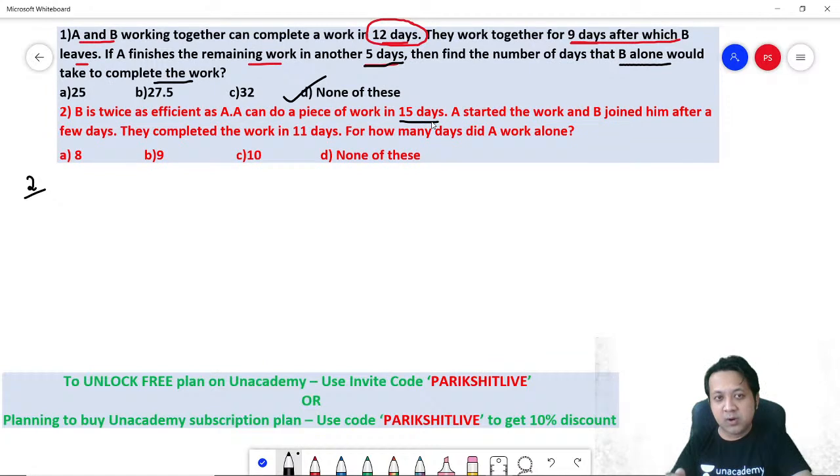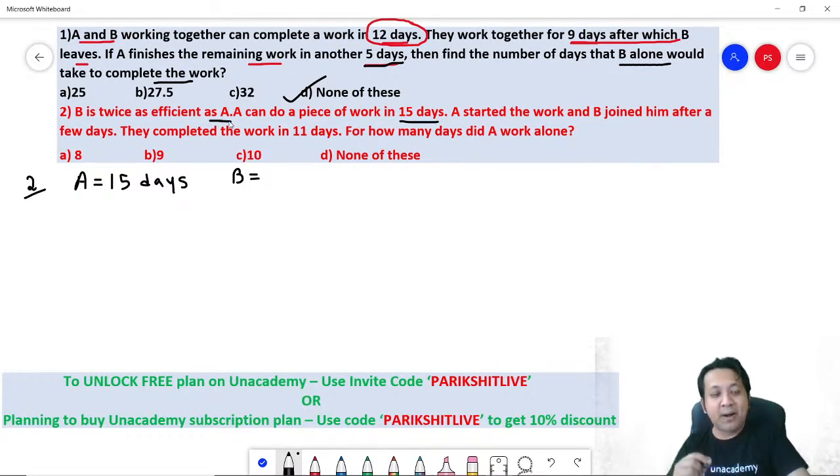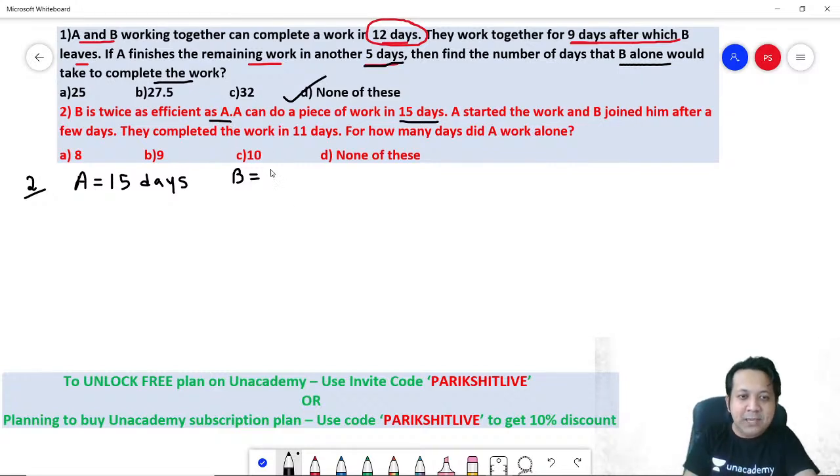Okay, now think about it. A is doing the work in 15 days, and B is twice as efficient as A. Twice as efficient, meaning per day B would do 2 times more work. Because B does more work per day, remember he's more efficient than A, obviously B would complete the entire work in 7.5 days.